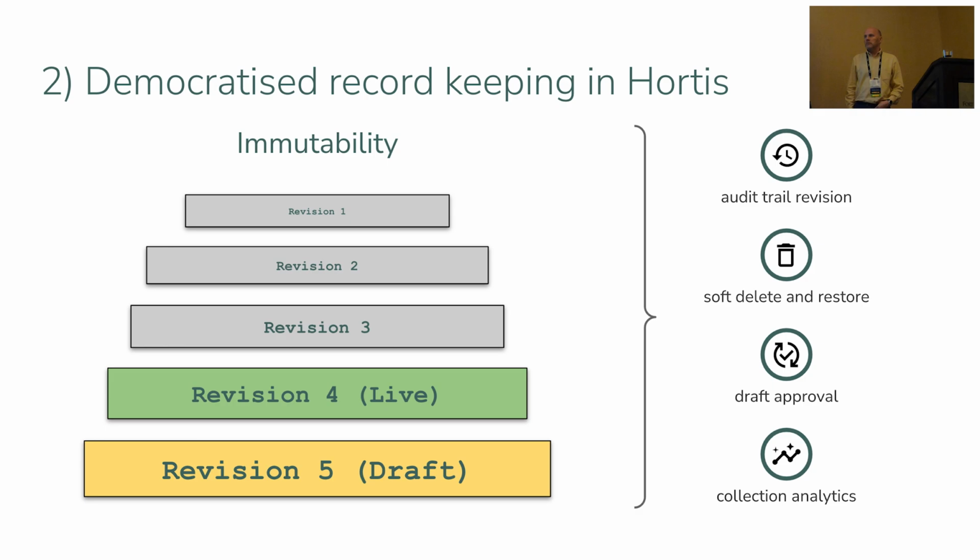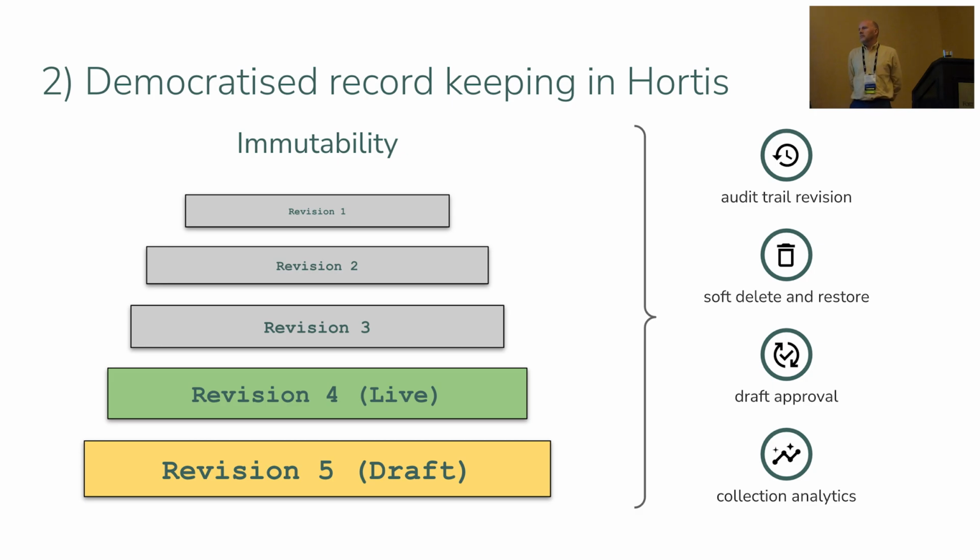We do this by, it's a bit techy, but the topic is immutability. That's just a word we use to describe that every single change that's made to your records is stored as a new version. It's basically a time machine for your database. You can see what changes have been made, by whom and when.